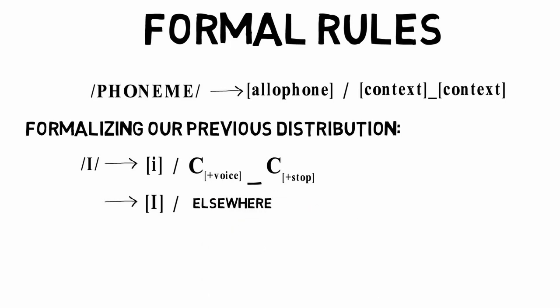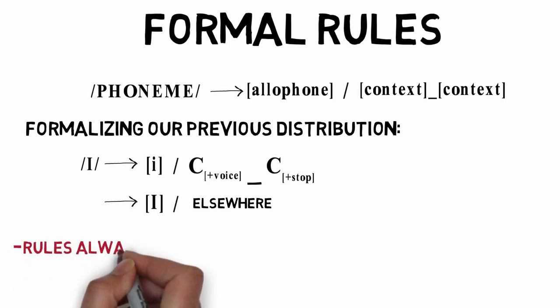So in total, this rule, with both instances of the allophones, would read as I becomes E when between a voiced consonant and a stop consonant, and I becomes I elsewhere.